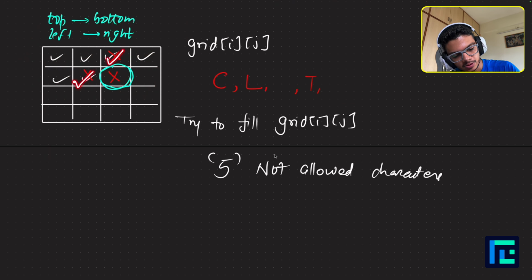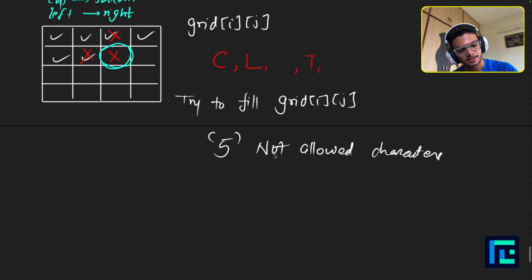It cannot be equal to any of these three. So this is not actually true. Only 3 not allowed characters are there at a given cell, right? Why didn't I consider the others? Because this value is not filled right now. It will be changed later on. You can worry about this value when you are here.